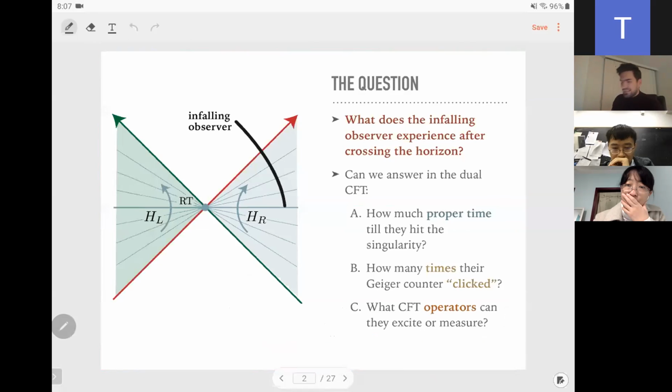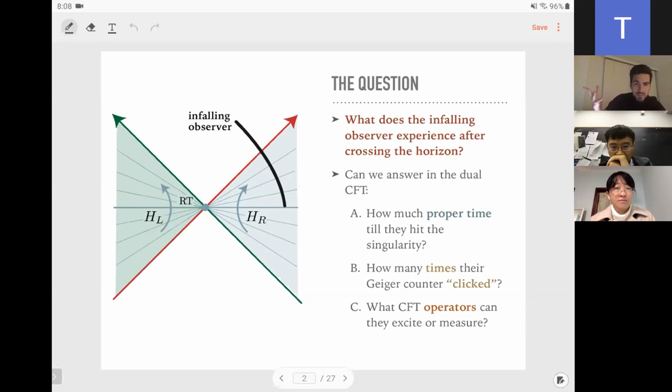Now, this is not just an academic question. It's motivated by the attempt to understand the black hole interior. The problem with the black hole interior is probably known to all. In order to probe the interior of a black hole, perhaps a single-sided black hole formed from collapse, or a two-sided black hole like the one I'm showing in the figure, you will have to send something in.